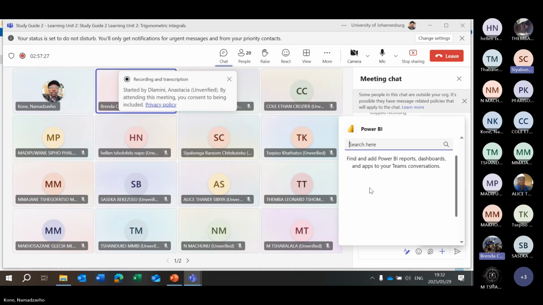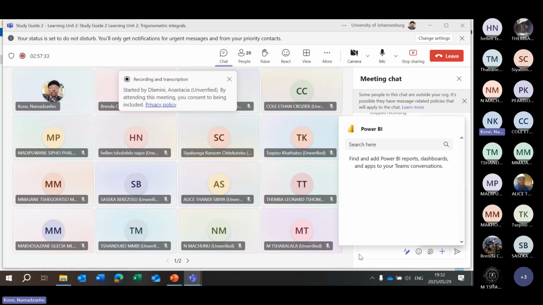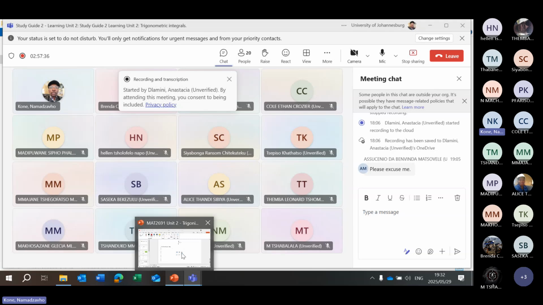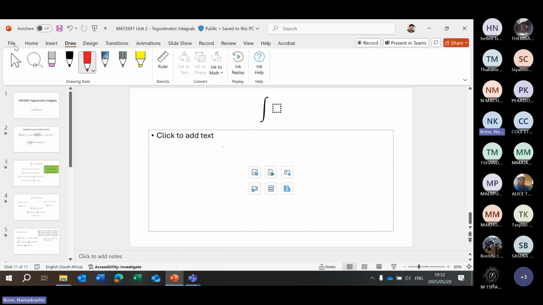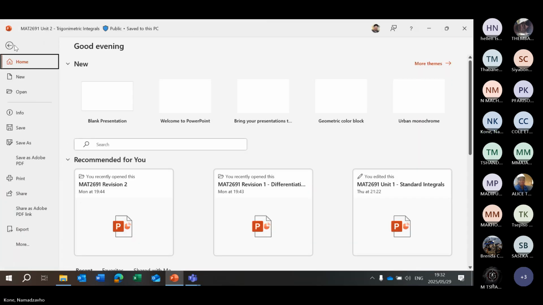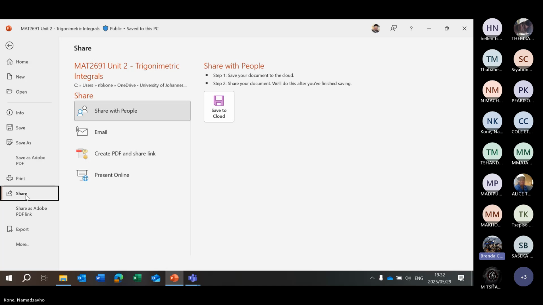Last time you shared from the PowerPoint, you went to PowerPoint, then you said share. I went to PowerPoint. How? Here. Let me see. File. Share. Yes, then you press share. I pressed what now? Click share with people. It's not responding.